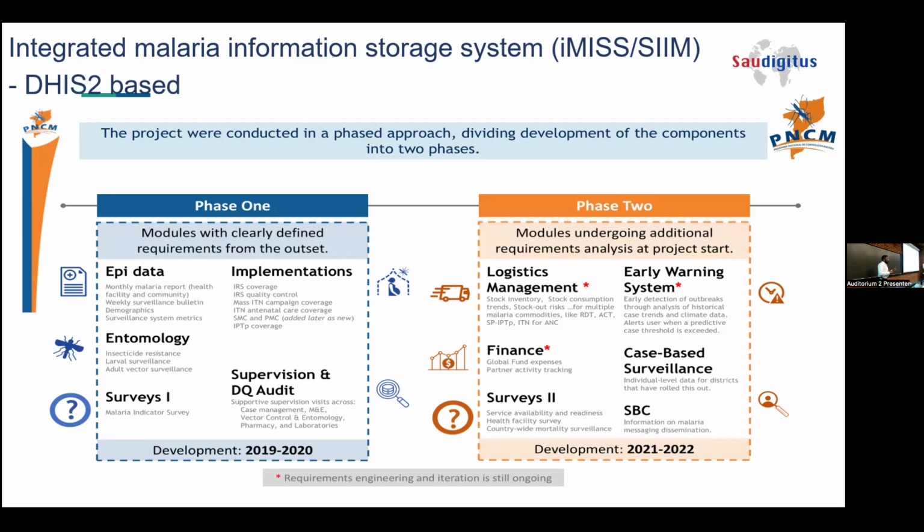The first began with designing forms to store entomology data, surveys conducted across the country, and supervision and data quality tools, which allow the National Malaria Program to control malaria. In the second phase, they introduced other areas like finance, other surveys, logistics, case-based surveillance, and also the early warning system for malaria outbreak detection.